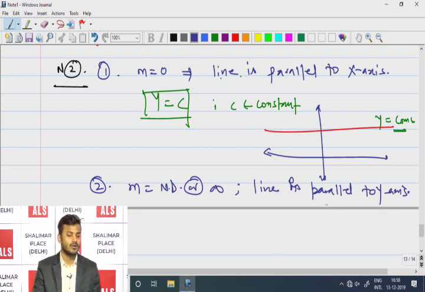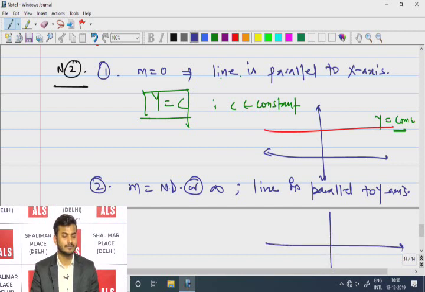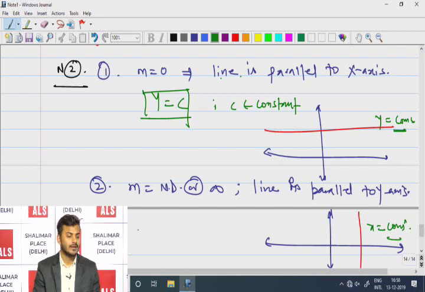How will this line look? Like this. Okay, this is the line. This is what? x equals some constant, right? x equals some constant.